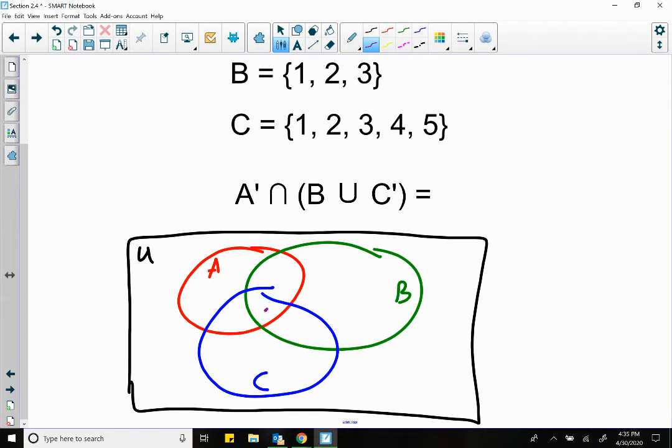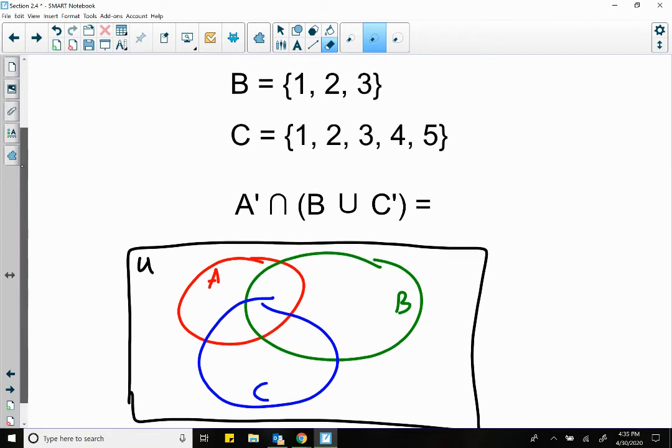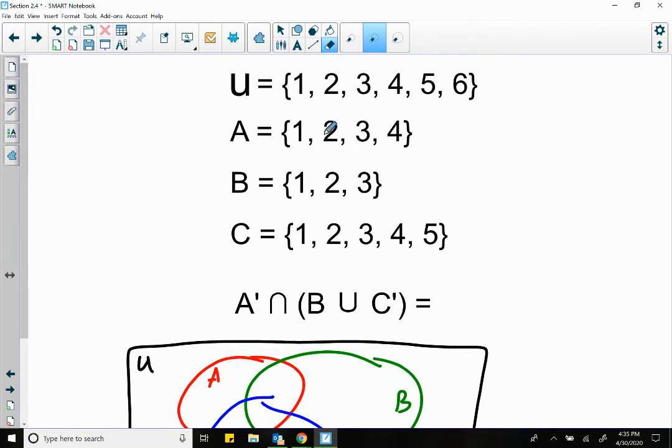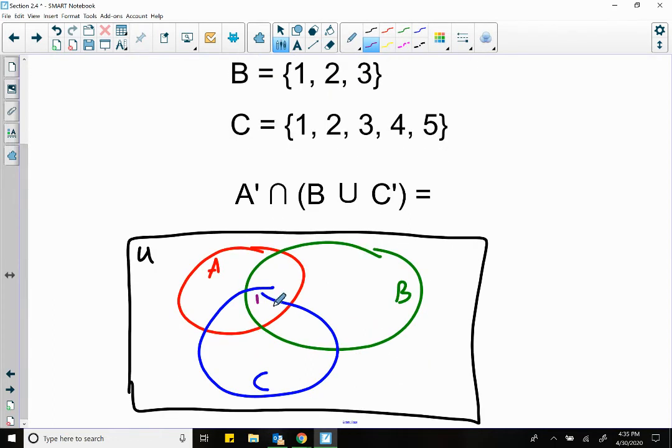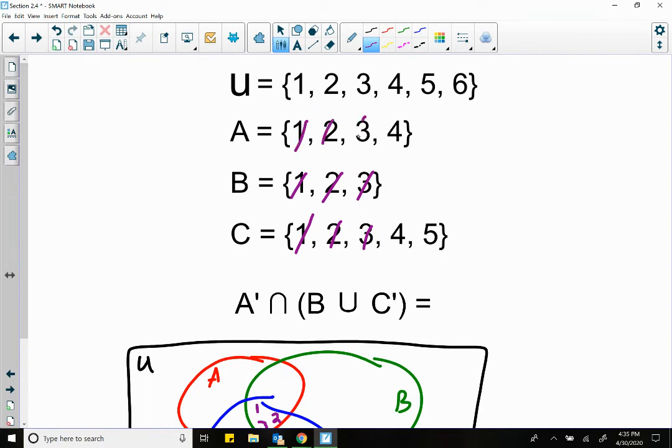I need to know what is in common in A, B, and C. So if we look up here between A, B, and C, well, it looks like they all share a 1, they all share a 2, they all share a 3. So we're going to put those three numbers right smack in the middle. 1, 2, 3. Cross them off because they are no longer available. We have placed them.